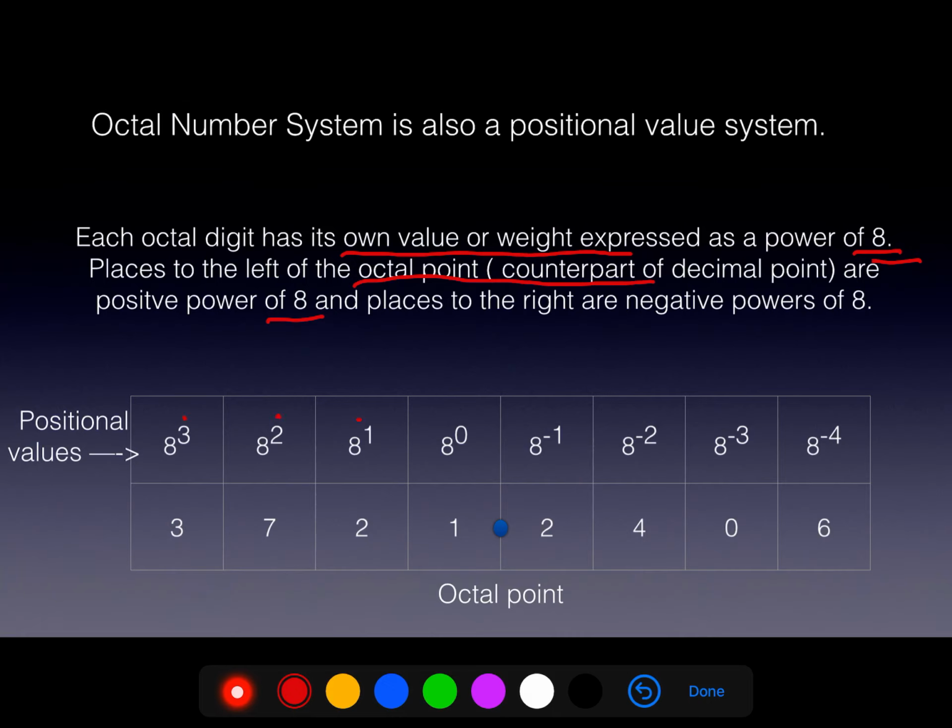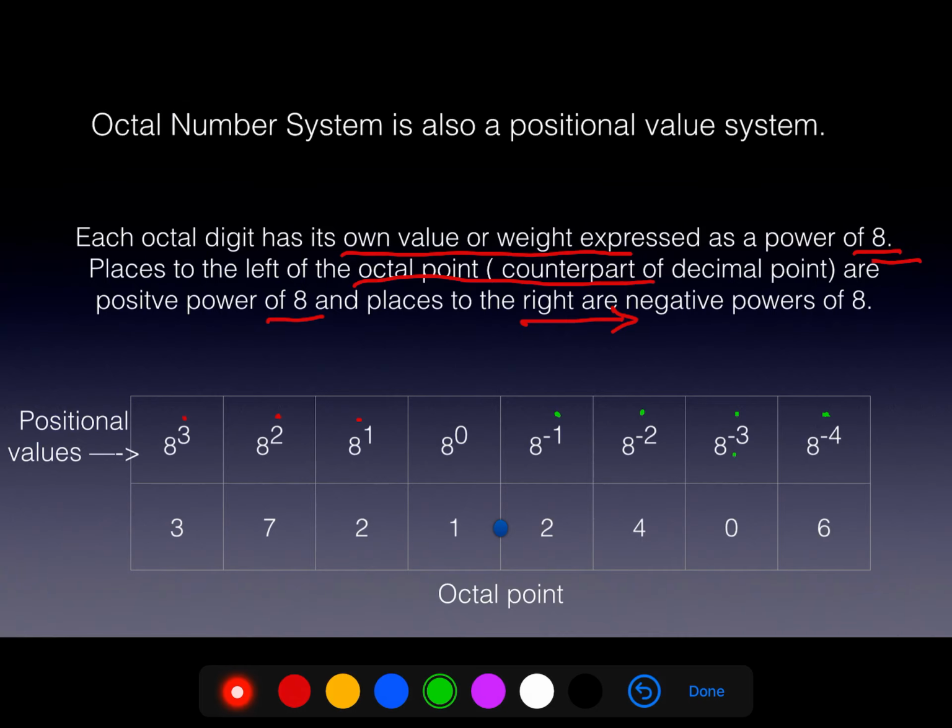As you can see, these are positive powers, whereas the digits placed to the right of the octal point are negative powers: -1, -2, -3, -4.